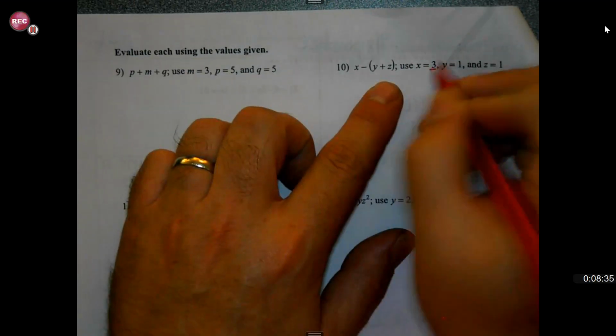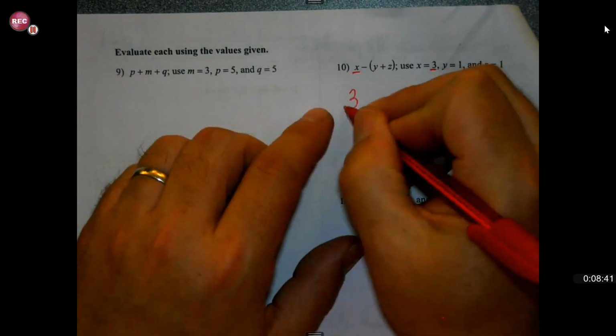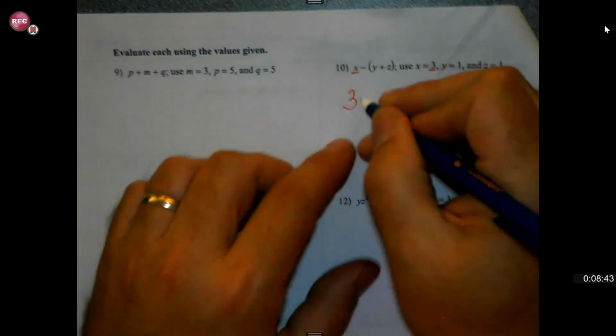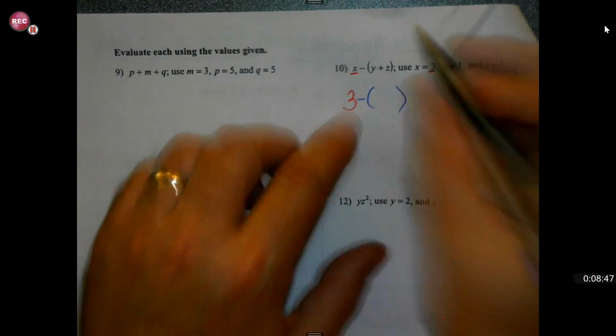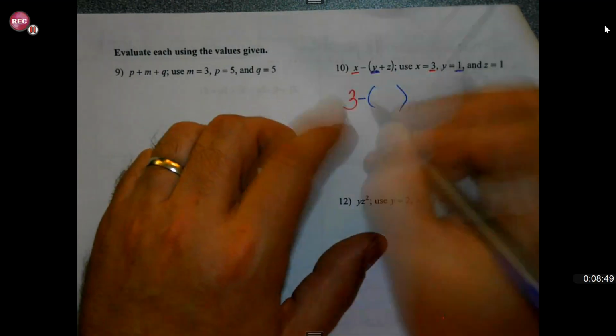So let's say we're doing, looks like number 10. X is 3. Put it in. Minus. Y is 1. Put it in.